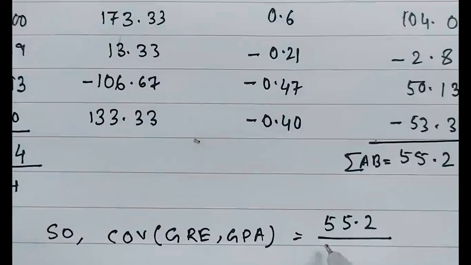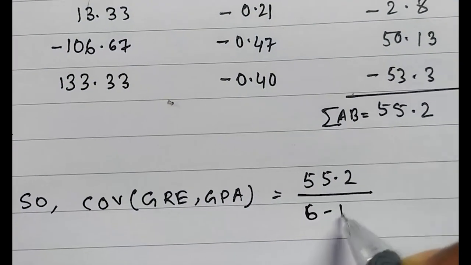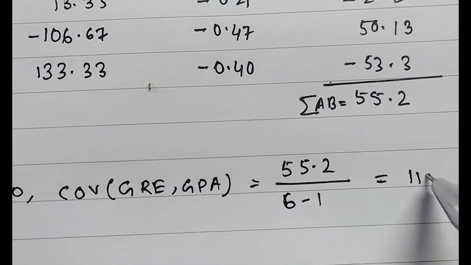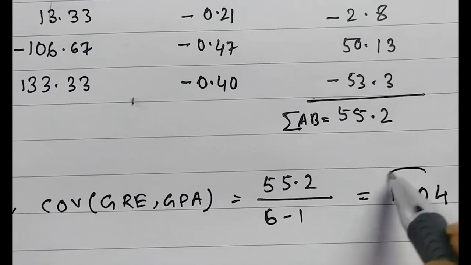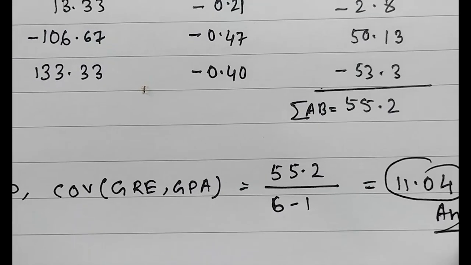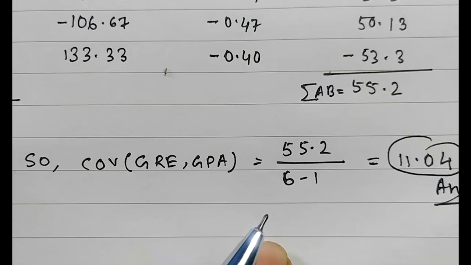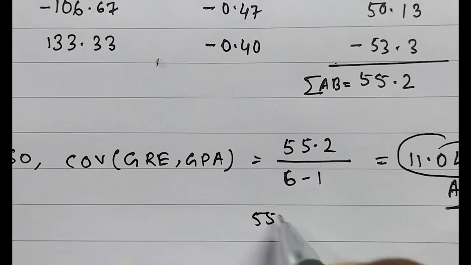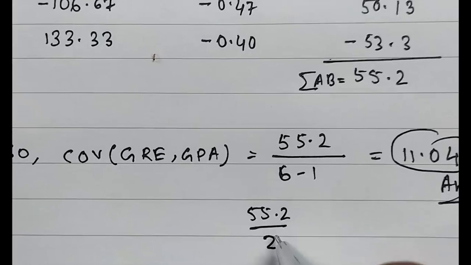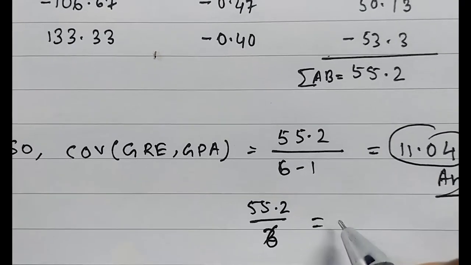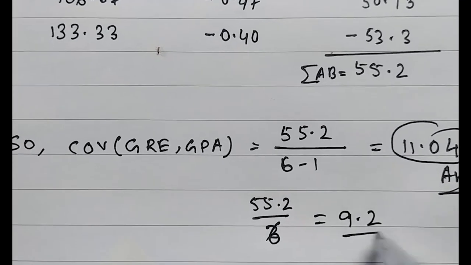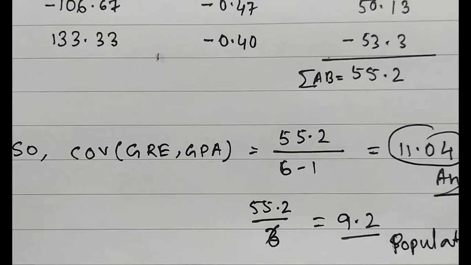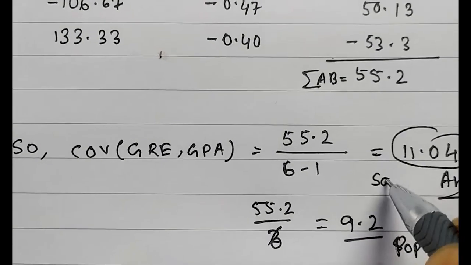So n minus 1 is nothing but 6 minus 1. So this value will give you 11.04. That's the answer for the sample. If this was population, then it would have been 55.2 by 6, which is 9.2. This is for population and this is for sample.